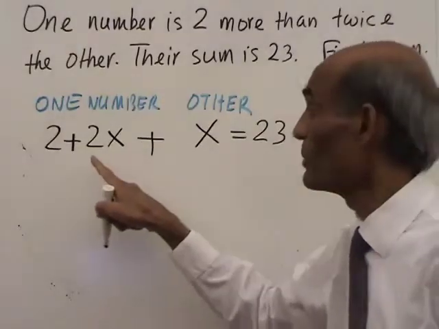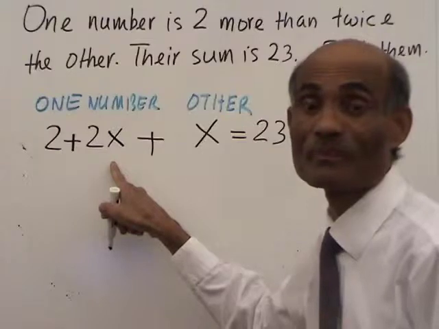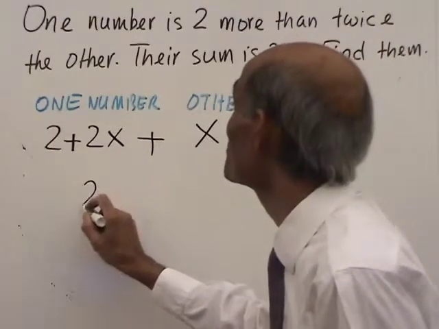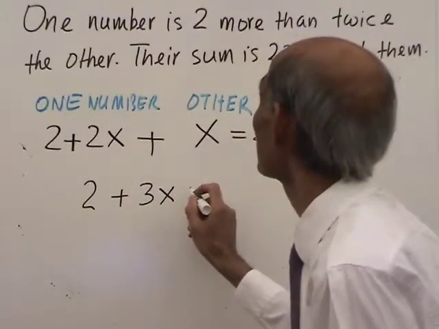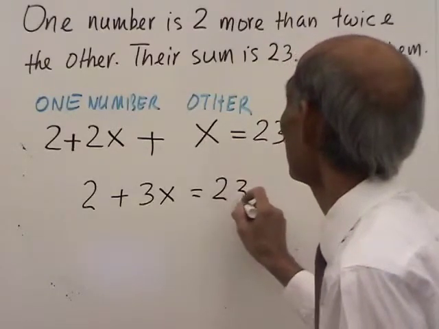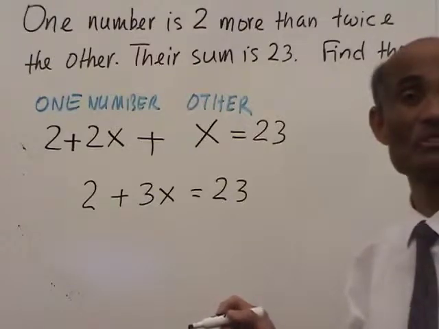Alright, what does that give you? 2x plus x is 3x. Is that right? Yes. So that will be 2 plus 3x equal to 23.